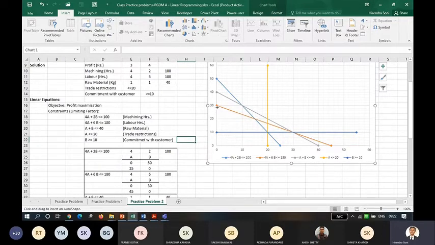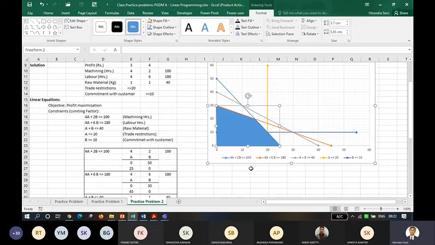Now the common region between both the lines would be this, correct? Yes.